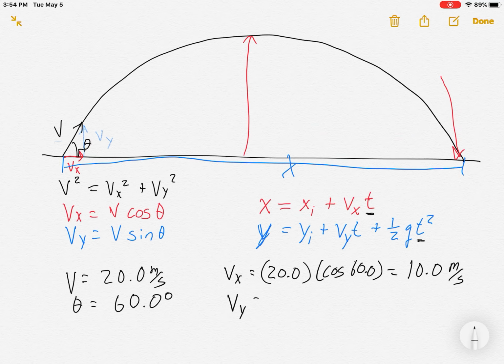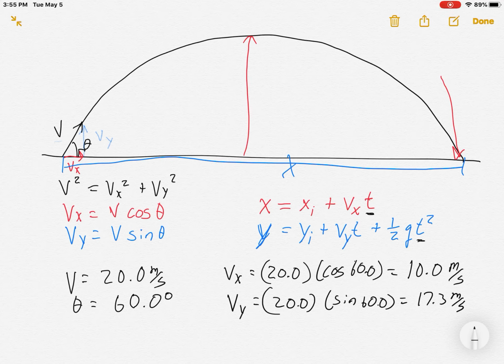Okay. The vertical velocity, Vy here, is going to be 20 meters per second times the sine of 60. And 20 times sine 60 is equal to 17.3 meters per second. Okay?